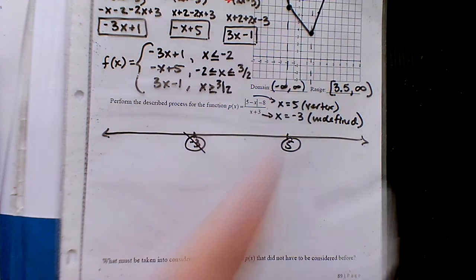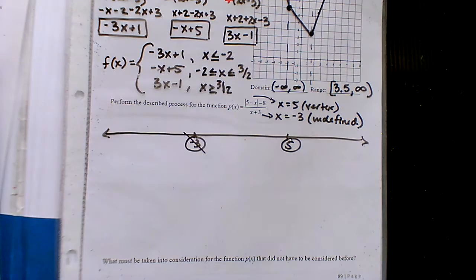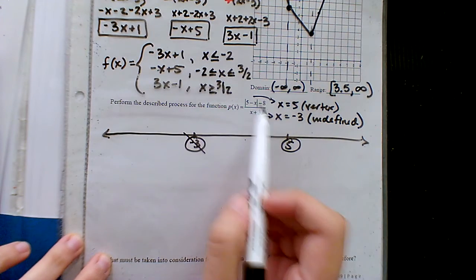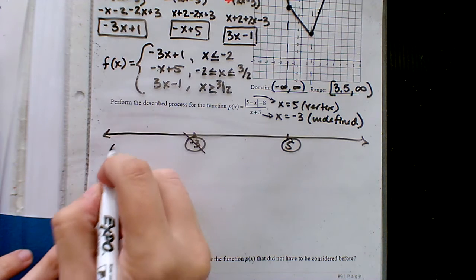All right, so let's fill in our number line. We have 3 spaces, so we're going to rewrite the original equation 3 times, 1 in each spot, and instead of bars, we're going to throw in parentheses.